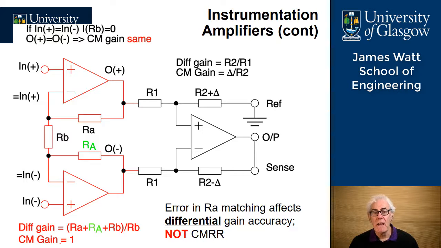Mismatches in RA give error in the differential gain accuracy of the overall instrumentation amplifier, but do not affect the common mode accuracy. In this example, we're assuming that the common mode gain and differential gain for the difference stage, the second stage of the instrumentation amplifier, remain the same, with R1 and R2.